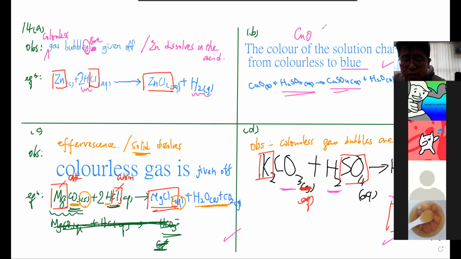Of course, you may say that the copper 2 oxide dissolves in the acid. This is also a possible answer for observation. Now, if you write down the equation, you may use similar logic: copper 2 and sulfate, that is the salt. And leaving behind is the oxide ion and hydrogen ions to form water.